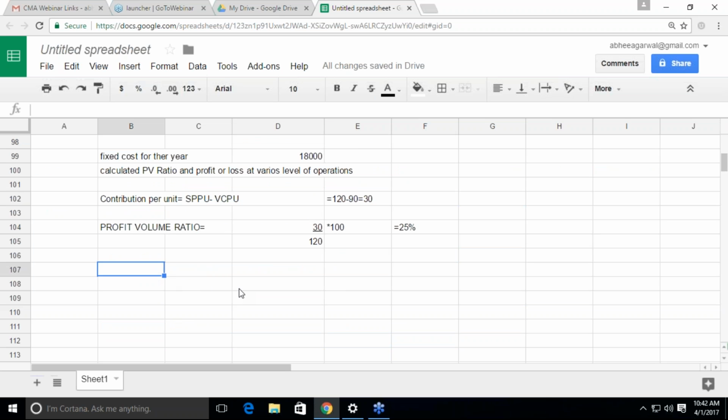Now, calculation of profit or loss at various levels of operation.